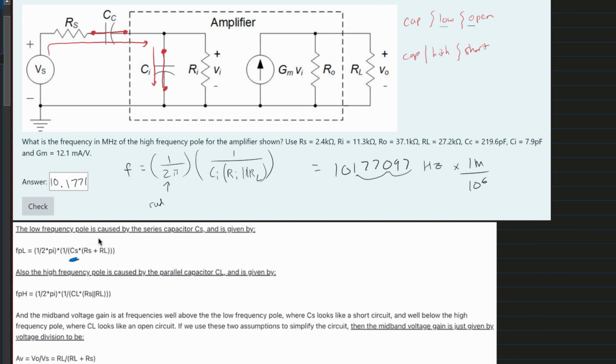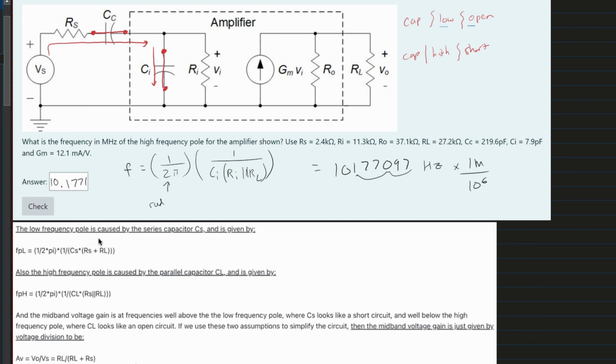If we were to use Thevenin's equivalent, which is how we found this, we would zero out this, and we would see that our resistors here are in parallel. That's how we found this parallel right here. And then if we zeroed it out like this and didn't have this, it's an open circuit, so they would be in series. So we would add them together, because for resistors in series, we just add. And that's it for the low frequency.